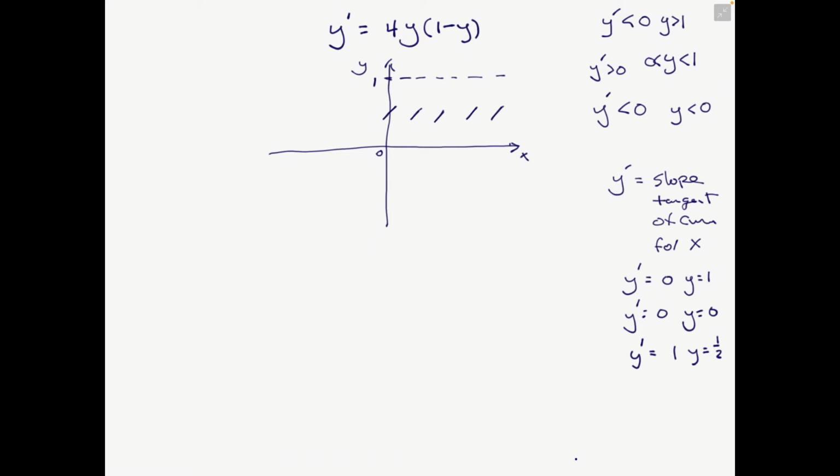But then it begins to flatten out as we approach 1.